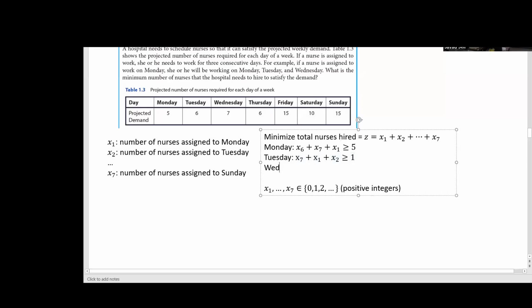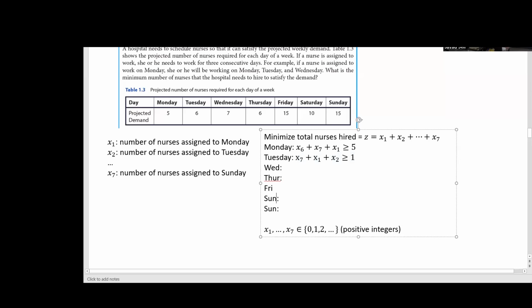And then Wednesday, Thursday, Friday. X for Wednesday, Monday, Tuesday.